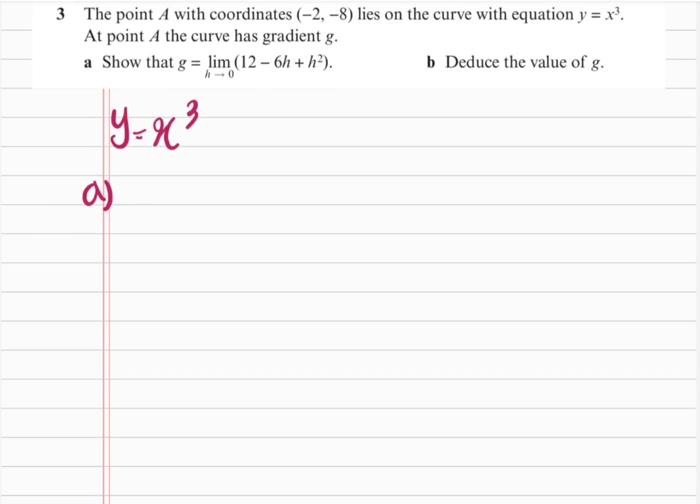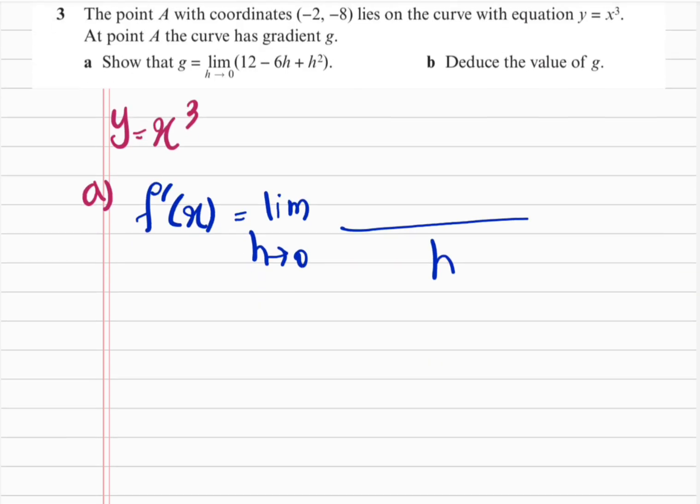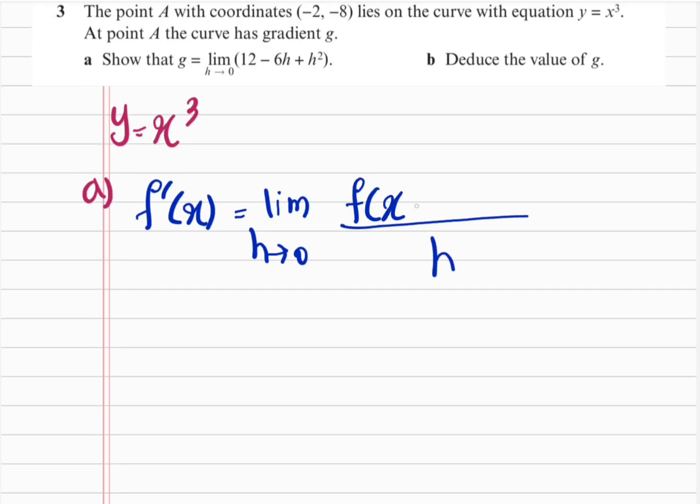So that's the formula. Let me write that down because it's probably better to have the formula now. So you have the limit, and then here is h, and f of x plus h minus f of x. This is the formula when you want to differentiate using first principles. And we need to understand what to substitute.